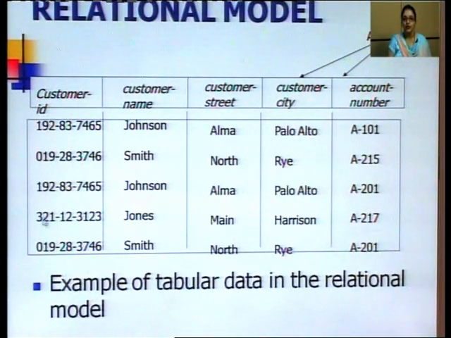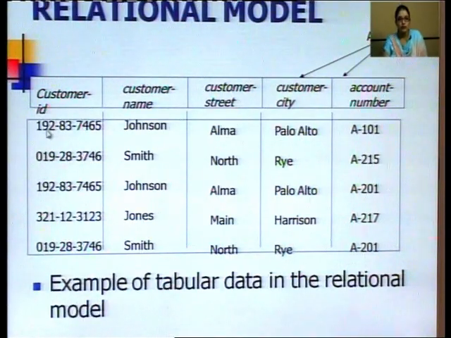These are the domain of customer ID. Here, these 5 values are the domain of customer name. These 5 values form the domain of customer street, which means at a particular moment of time, an attribute having all the values of the same type forms the domain.